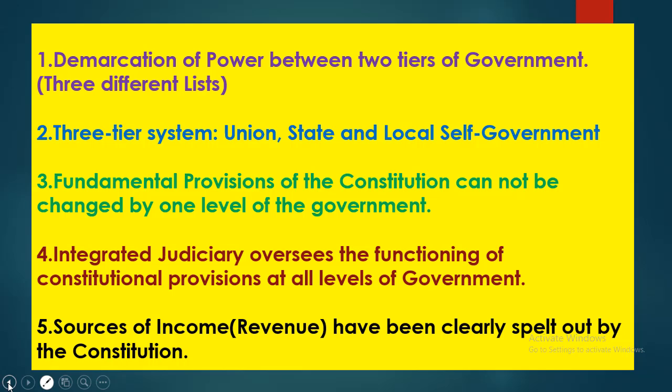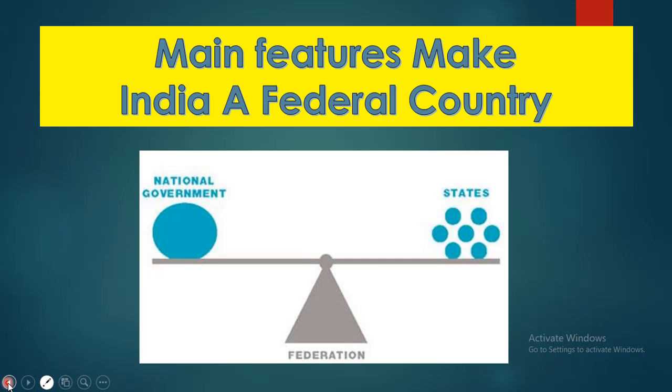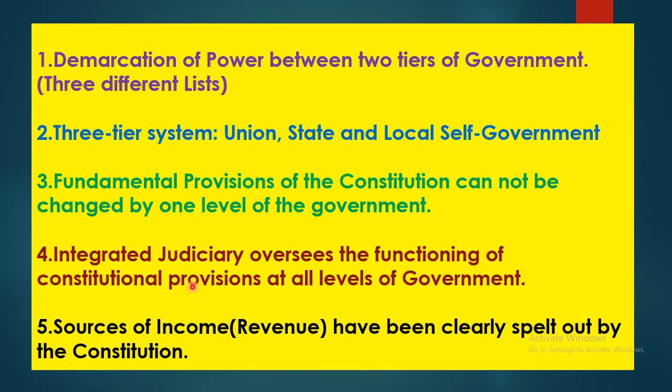Children, the question was, what are the main features that make India a federal country? You are supposed to mention these points. Point number 1, the clear demarcation of power, or the power division in the form of 3 lists.